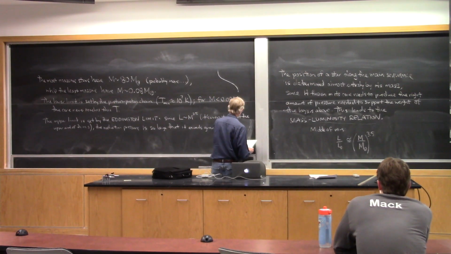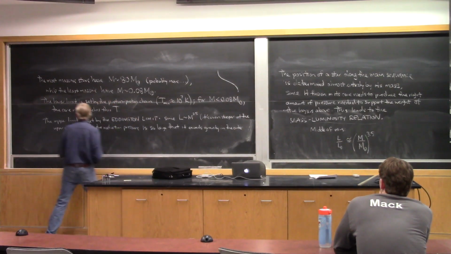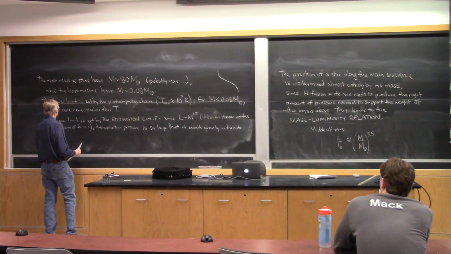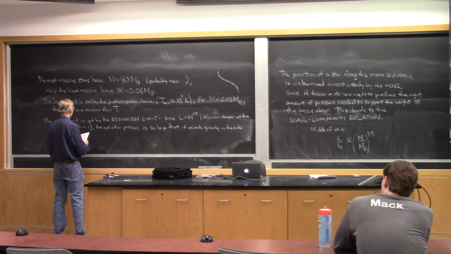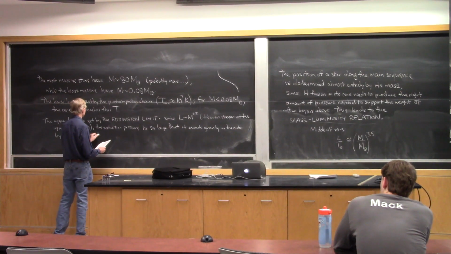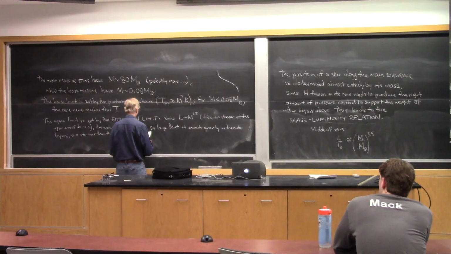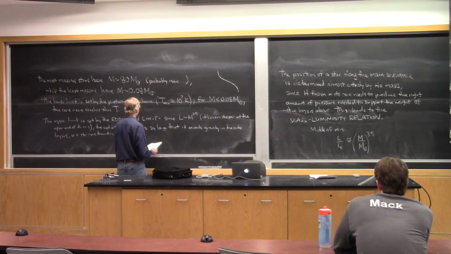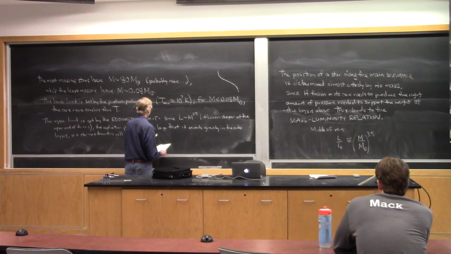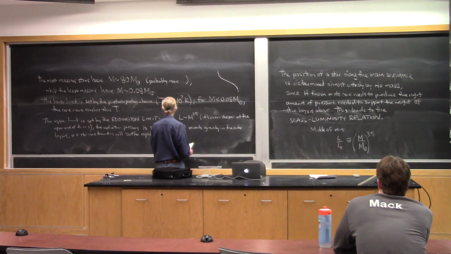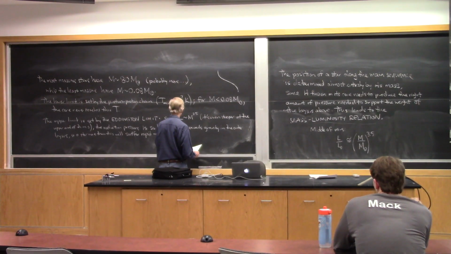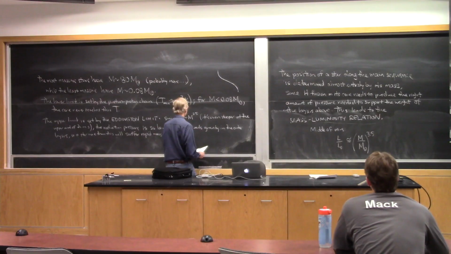If you go beyond about 80 or so solar masses, so a star more massive than this will suffer rapid mass loss until it's below the Eddington limit. Have a very strong, what we call stellar wind, blowing its outer layers into space until it's below the Eddington limit.